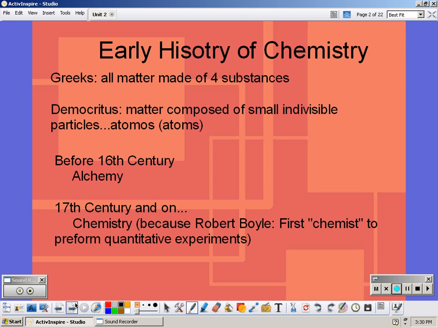You might remember him from Boyle's Law in Chem 1. He was the first quote-unquote chemist to perform quantitative experiments. So chemistry before this point didn't really have numerical data to back up what the theories were. And then from the 17th century on, we developed those techniques.